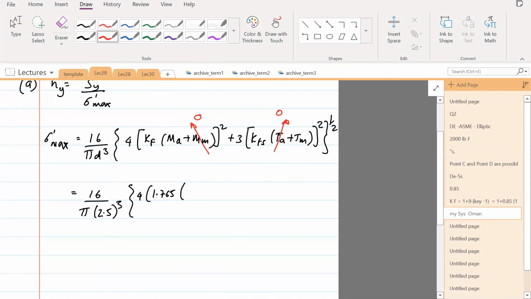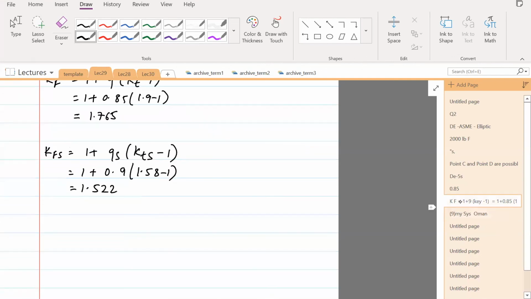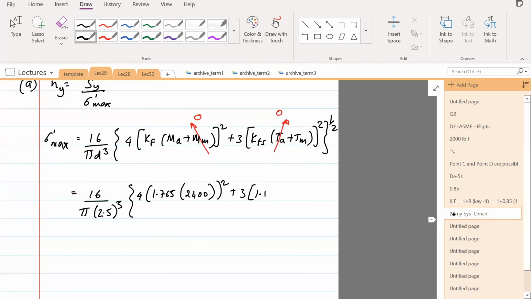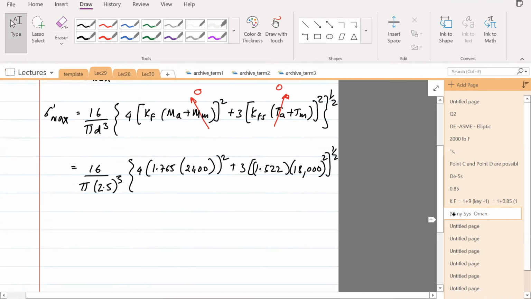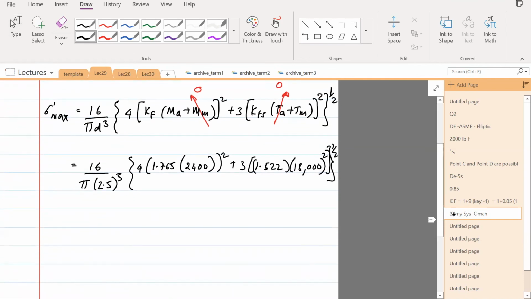Okay, so MA is 2400, the whole thing squared, plus 3 times KFS, which was 1.522, times thousand squared.